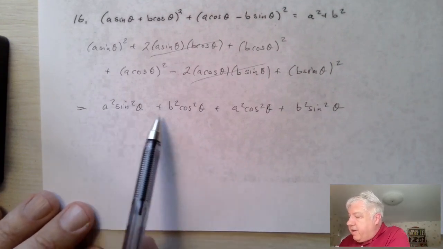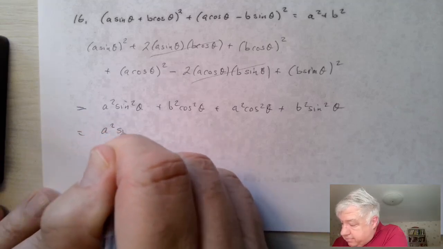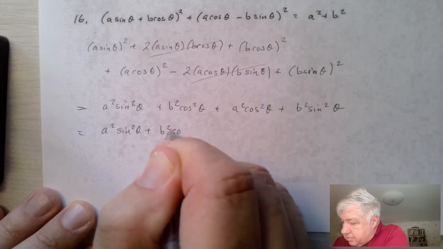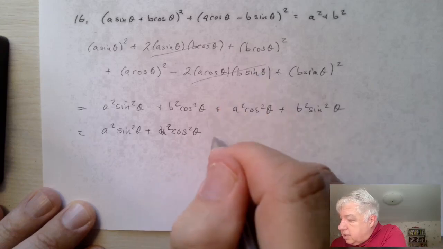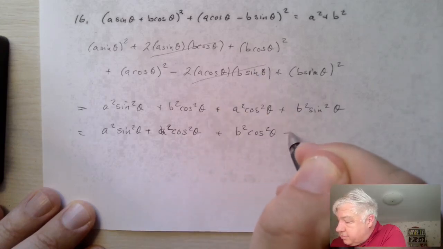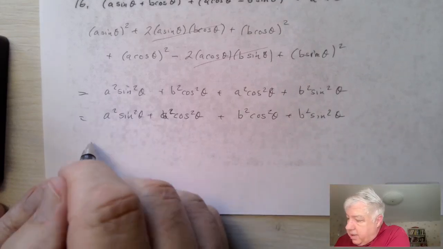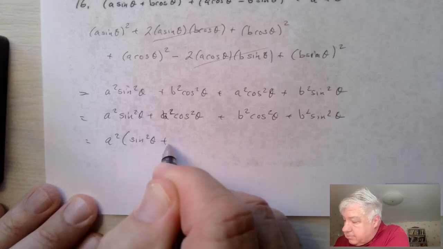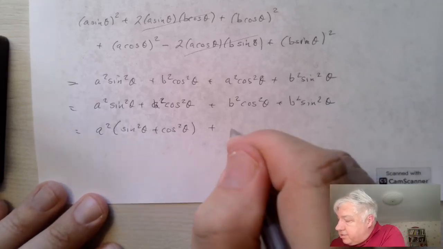If you rearrange the terms so the a squared terms are together and the b squared terms are together, you can factor out an a squared and factor out the b squared.